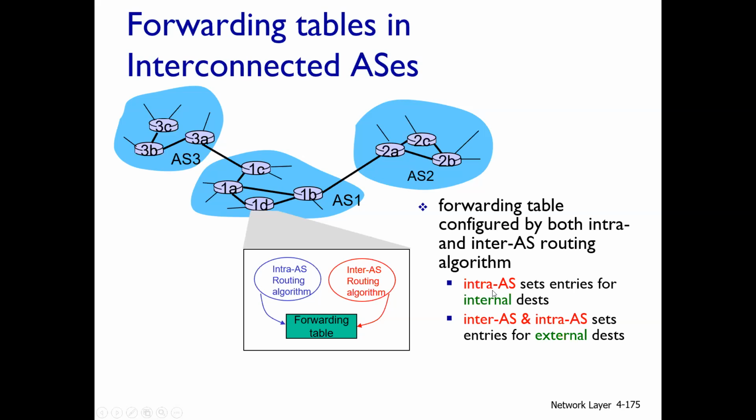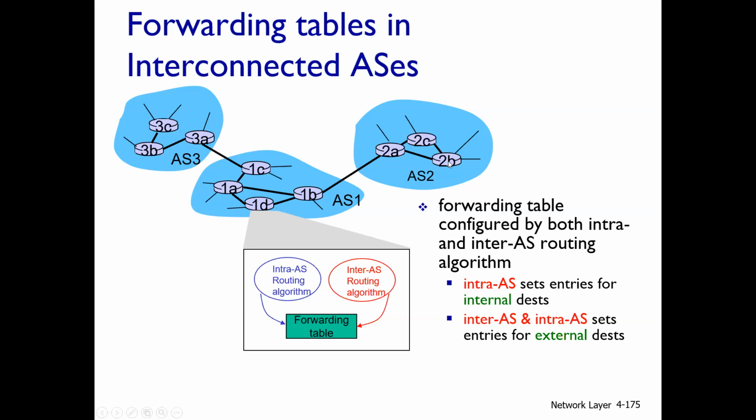So the intra-autonomous system routing algorithm sets entries for internal destinations, whereas the intra-autonomous system routing algorithms, along with the inter, are going to set the external entries. Now, why do I say along with the inter? That is because the inter ones are the protocols which are going to work between autonomous systems, but then that information has to be propagated internally within the autonomous system, number one.